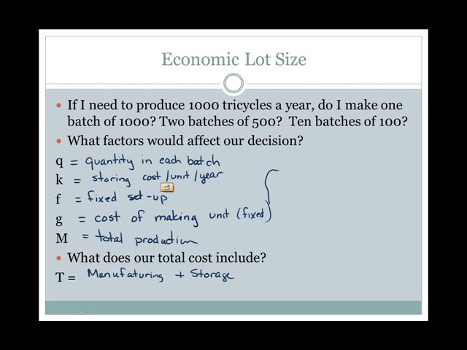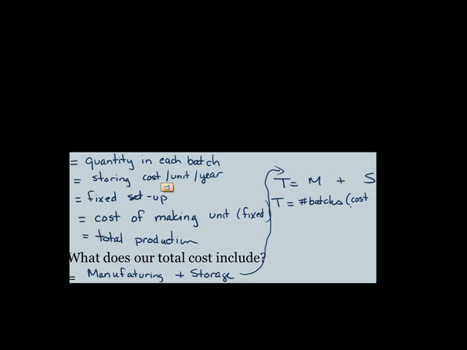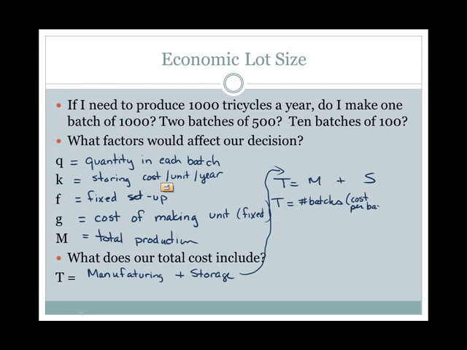So I'm going to jump up here because I'm going to show you a trail. So total cost was manufacturing plus storage. Manufacturing has to do with the number of batches you're doing and the cost for each batch. And storage is storage.